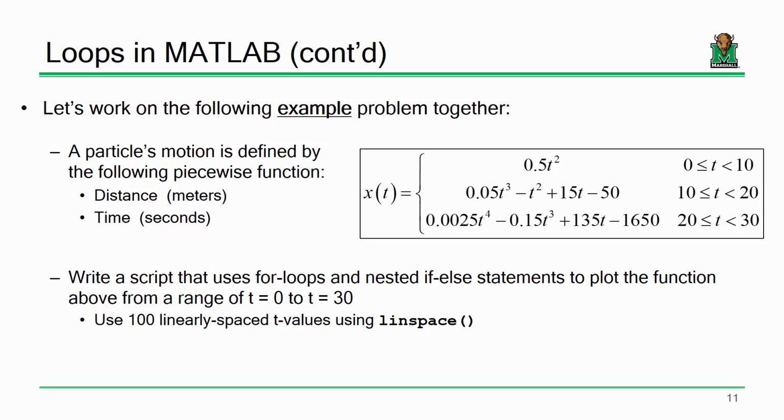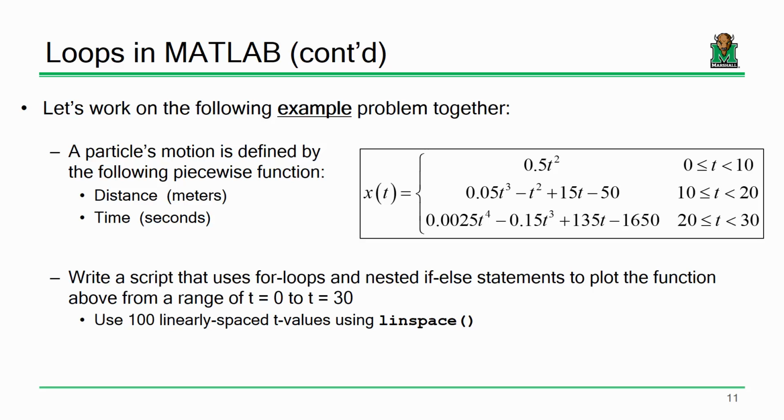Let me write that down. So AND works like this. Statement 1, comma, statement 2. And so the way that the AND works is that both things have to be true.